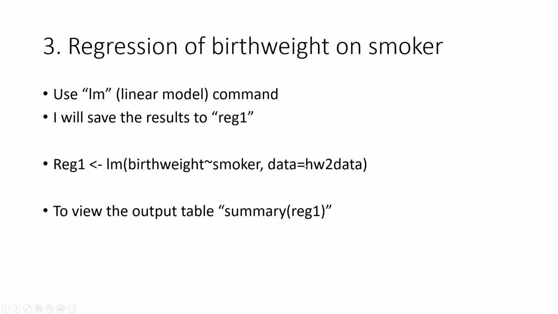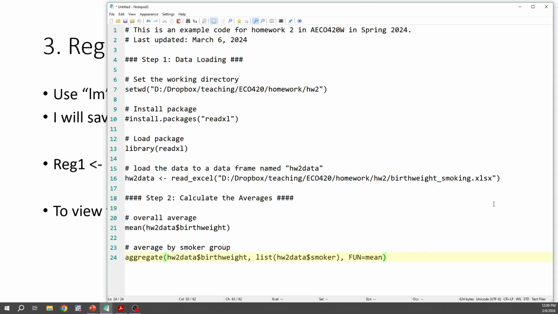Because you specify data like this, you don't need to put the dollar sign in the variables, because the data is obvious. This will be your command, and it is only saving the output, so it does not show you the estimate results. To see the results, you need this command. You can use this command whenever you want, because the output is already saved in your memory, so you don't need to do it right after the regression.